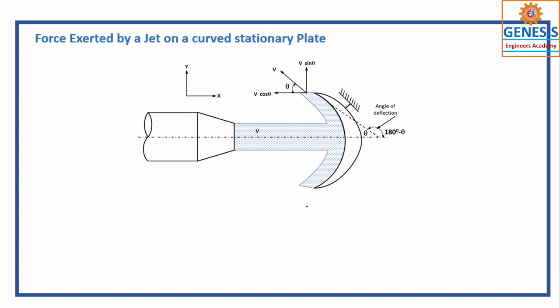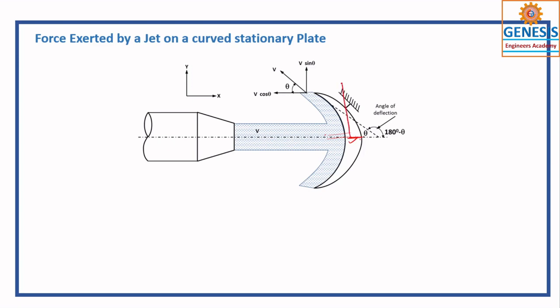Now I wanted to discuss the force exerted by a jet on a curved stationary plate, and the jet is impinging on the plate in this direction. So this is symmetrical.